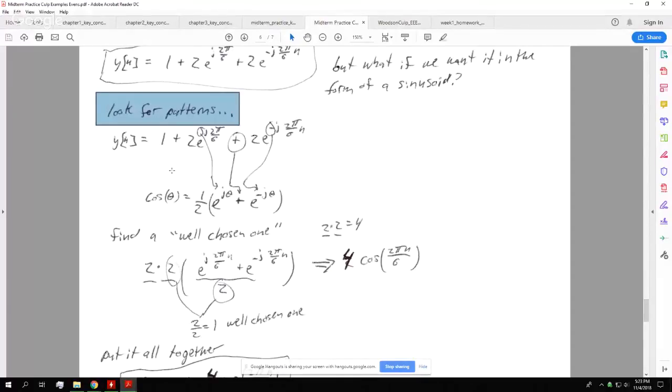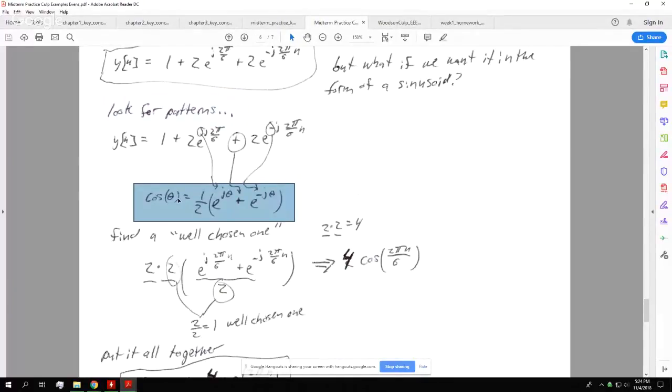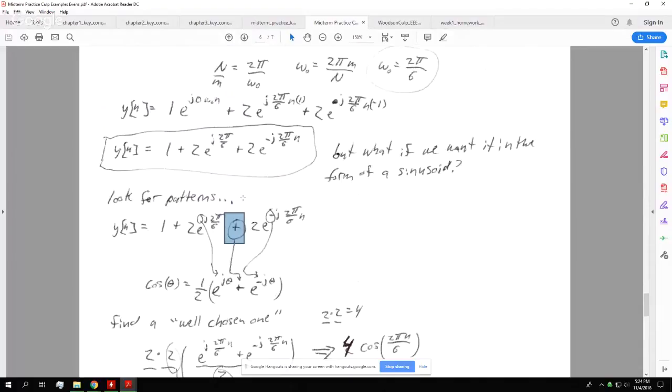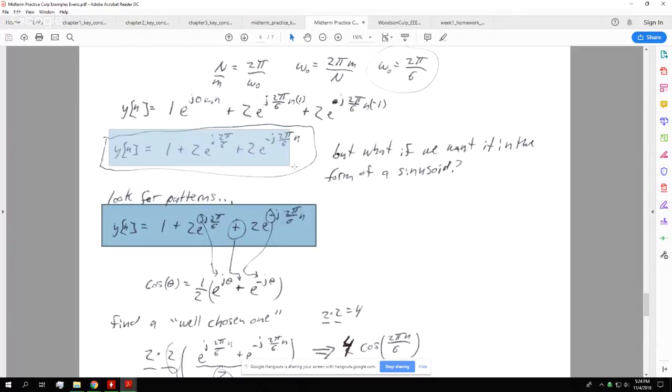Remember Euler's identity. I chose a cosine. If we want to use a reference signal of cosine, the reason why I did that is because of this plus sign here. If this was a minus sign, I would have used Euler's identity for a sine wave. But we don't. We have a plus. So I use cosine. So this right here is just the same thing of this rewritten.